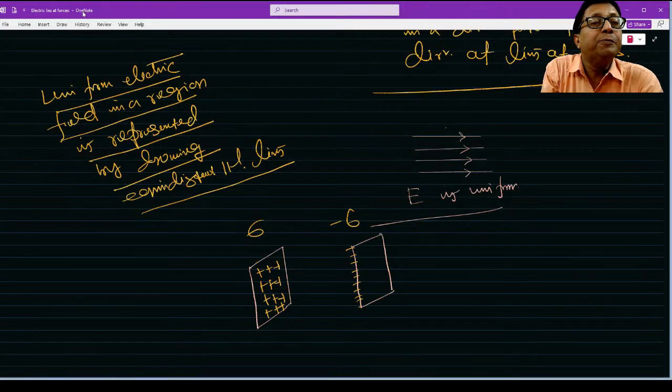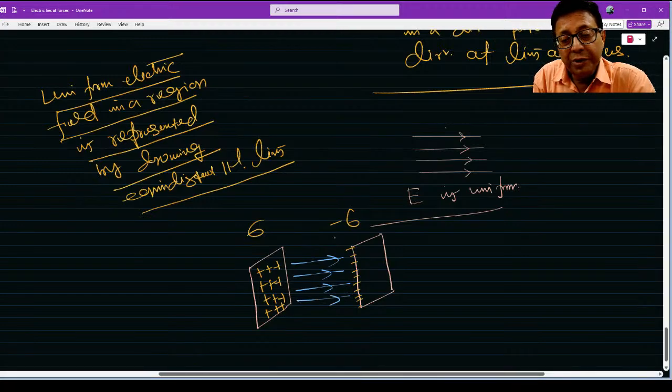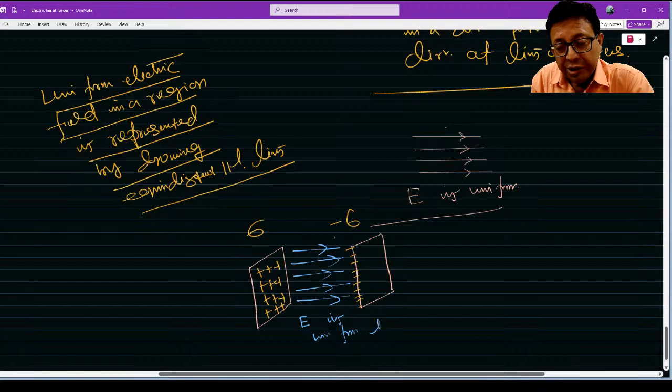Here, lines of forces will be parallel to each other. They go this manner. In between, E is uniform here.